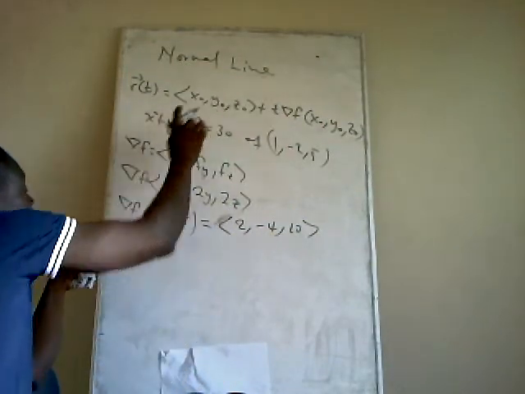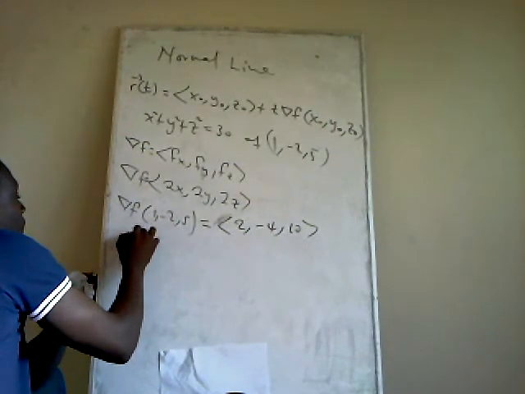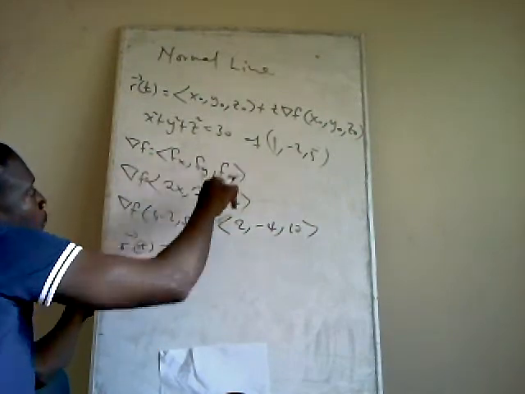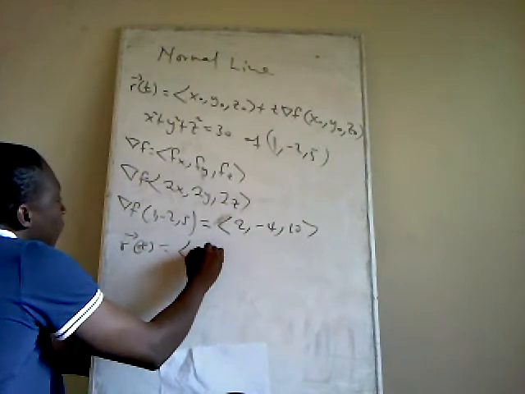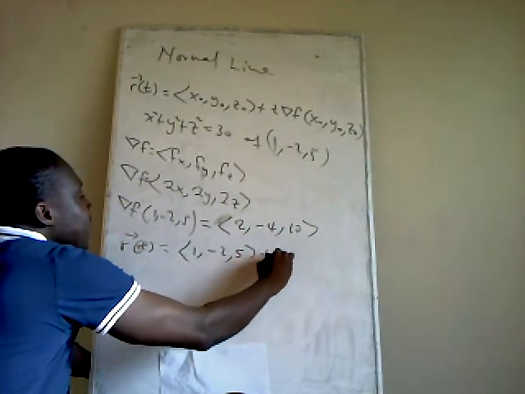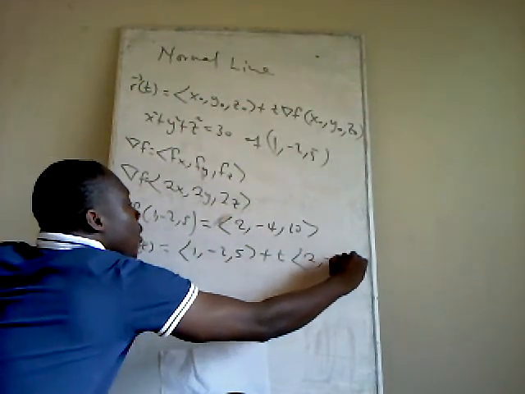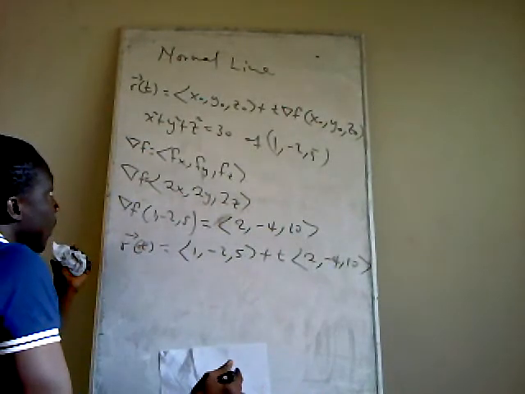Okay, so my equation of my normal line is just the point expressed in vector form. I'm going to write 1, minus 2, 5 plus t multiplying 2, minus 4 and 10. And that's all. Here we simplify.